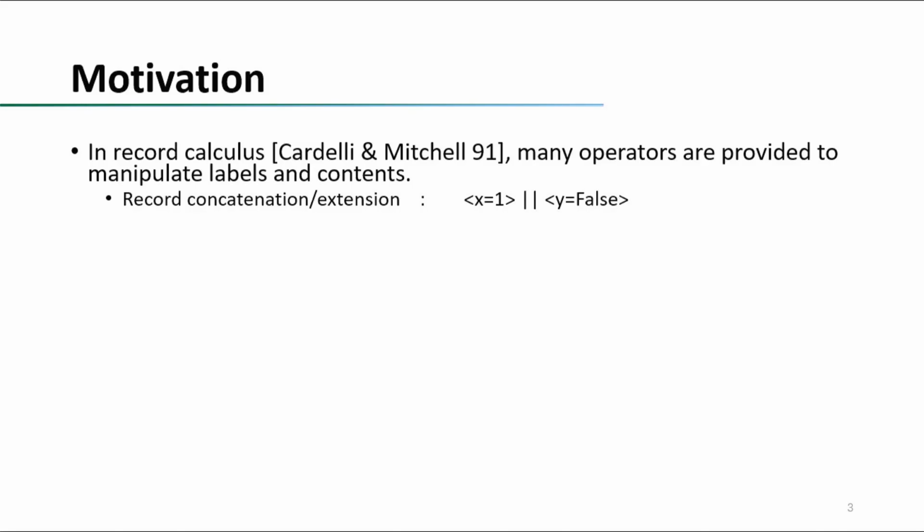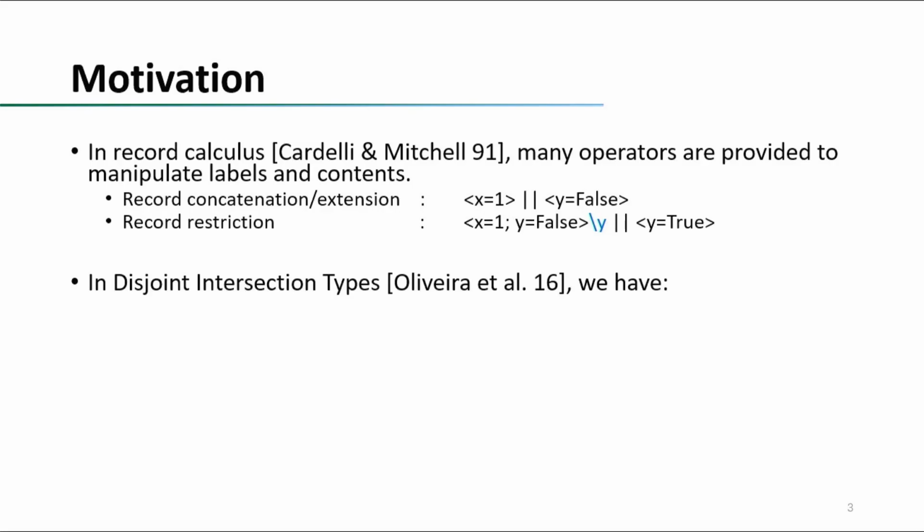The concatenation and extension operators here are restricted because you cannot extend a record with conflicting labels. So you have the restriction operators for you to resolve these conflicts. The restriction operator here, denoted by remove y, can remove the y component inside the left multi-field record.